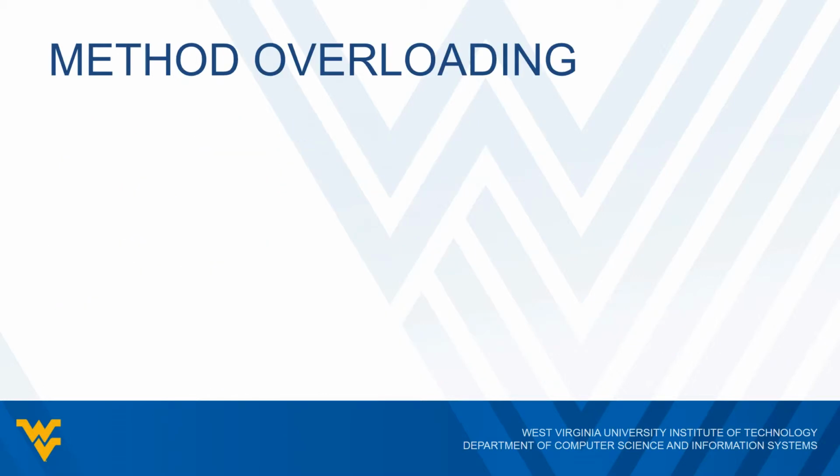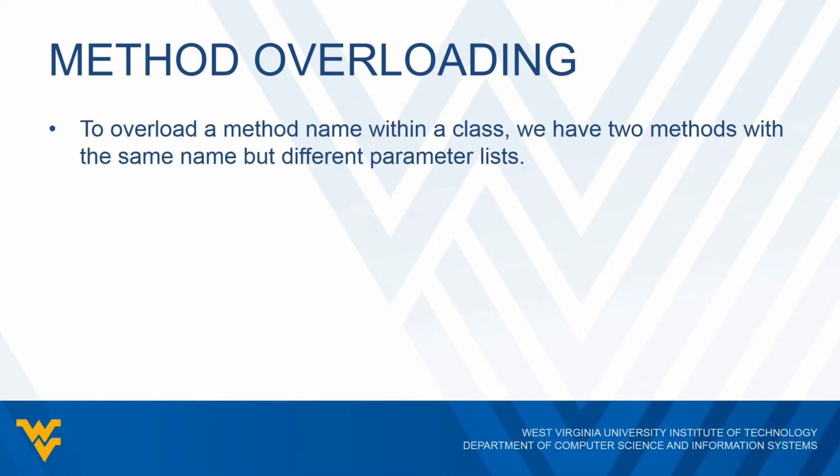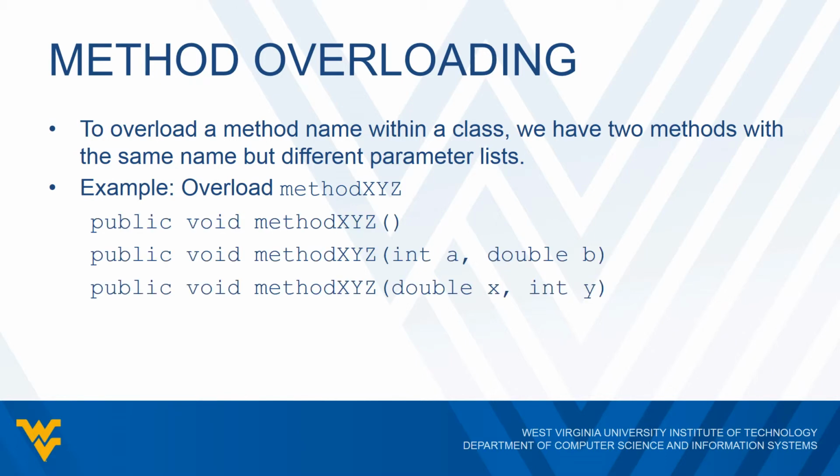Now that we understand that, we can take a look at how we actually overload a method. To accomplish this, we can have two methods with the same name, but they must have different parameter lists. Let me repeat that. We overload two methods when they both have the exact same name, but their parameter lists are different. Let me give you an example. Let's say I want to overload the method xyz. Here are 3 different methods.